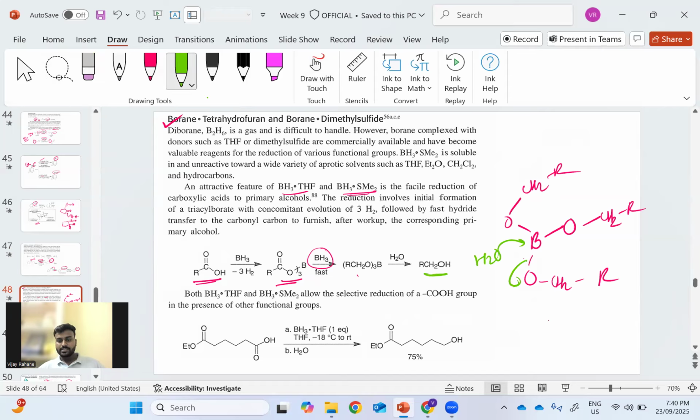So this bond is getting cleaved at the last stage upon workup. The similar mechanism with the BH3 THF or BH3 DMS is followed.